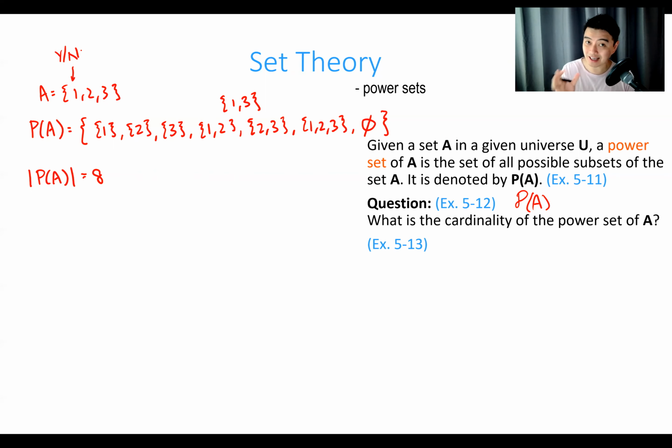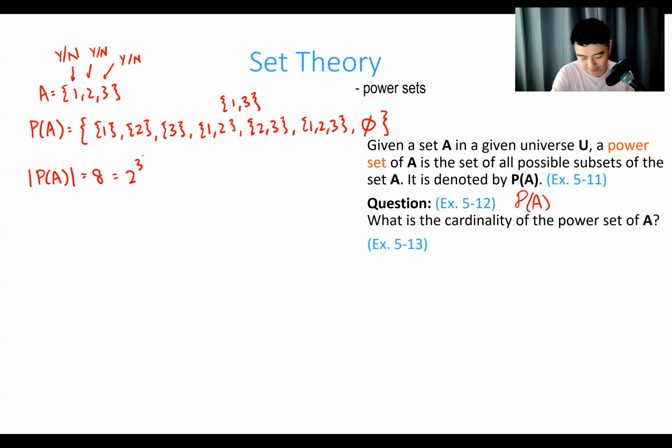I'm saying yes or no to the number 1, yes or no to the number 2, and yes or no to the number 3. If you want to apply this to a counting problem, you have 2 choices for each one of those objects. So the answer is 2 times 2 times 2. This 8 is really 2 to the 3.